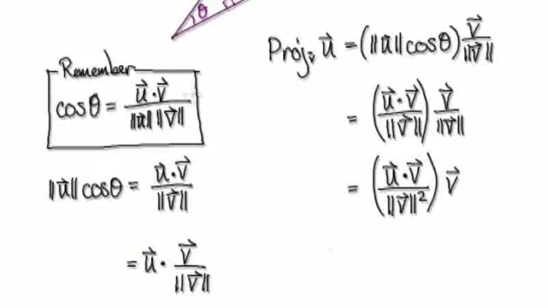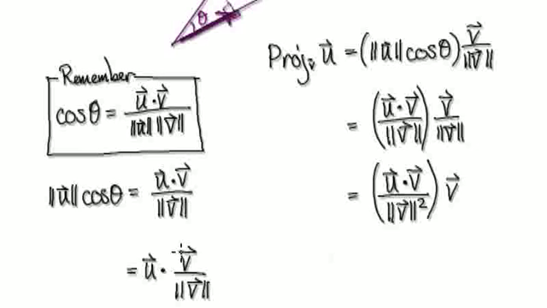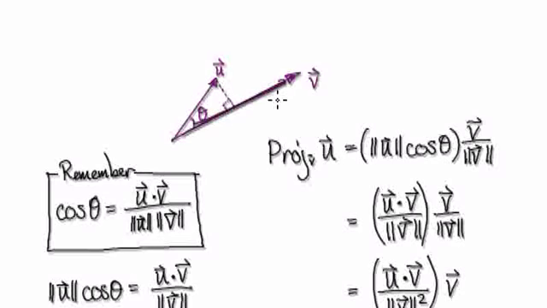So to work out the shortest distance, simply perform this. Get the unit vector, because what it's saying here is get the vector v divided by its magnitude. If this has a magnitude of 7, divide by 7, and that will give you your unit vector.